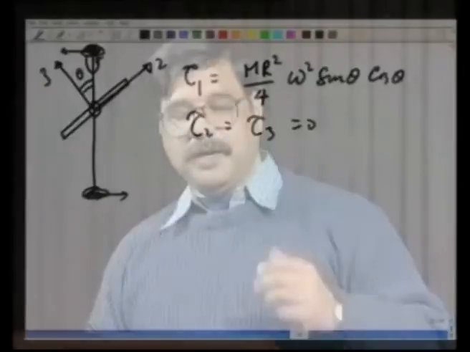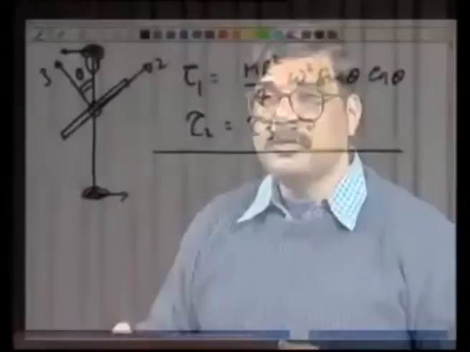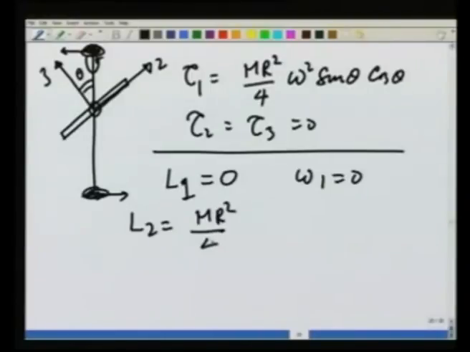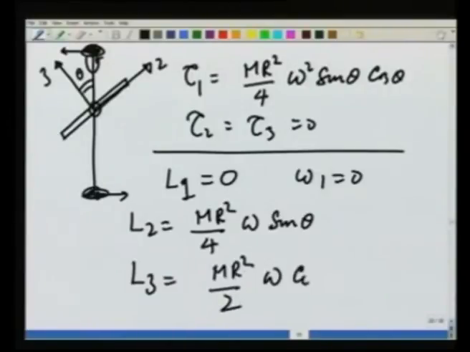Let us look at the same thing again by taking the horizontal component of the angular momentum. The angular momentum is going to have no component in direction 1 because omega 1 is 0. L2 is going to be m r square over 4 times omega sin theta, and L3 is going to be m r square by 2 omega cosine of theta.